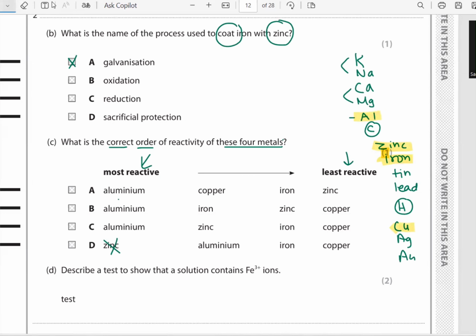We will pick from aluminium, A or B or C. The least reactive is copper, so it must be B or C. We will cancel the first option also. This is how we first cancel the wrong options, then we see the correct option. As we know zinc is above iron, we will pick answer number C.